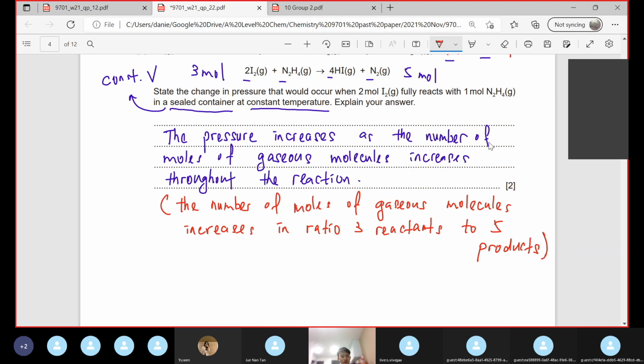But if you want to write the more accurate one, make sure the numbers are correct. You need to follow back the equation. If you write it wrong in terms of ratio, I'm not sure whether they will deduct, but if I am the marker, I will deduct the mark, as you are not really answering the question.